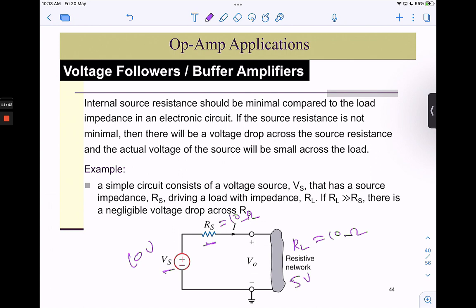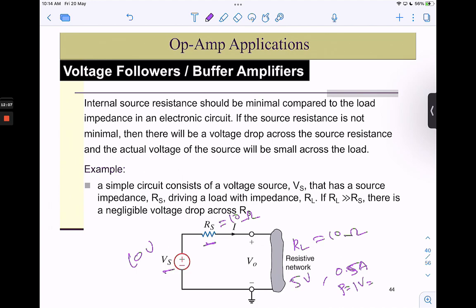Plus, the current is 0.5 amp, which is higher than when there is no loading effect. So P equals IV. It will generate more power, and then it causes disturbances to the measurement circuit. So we don't want this.